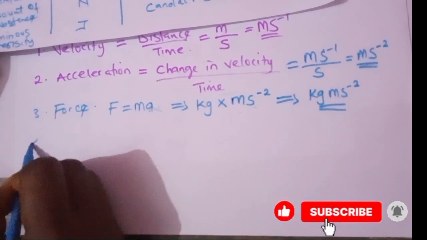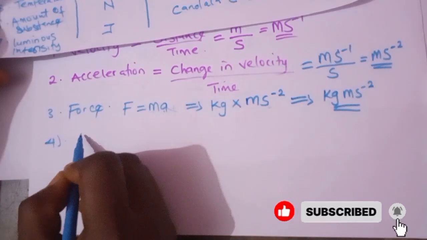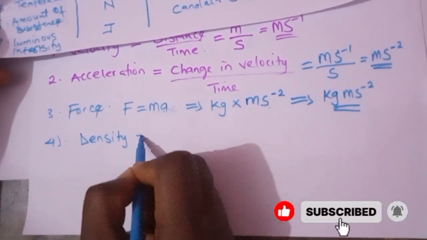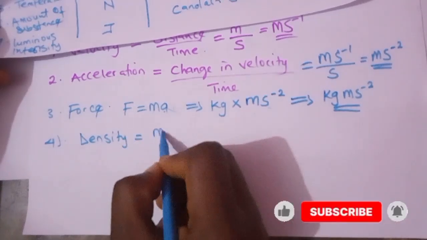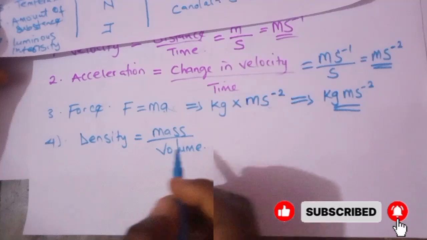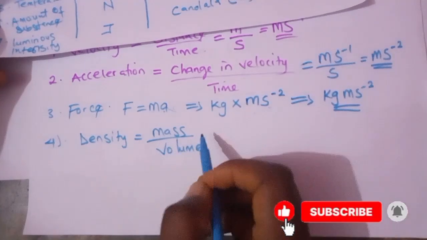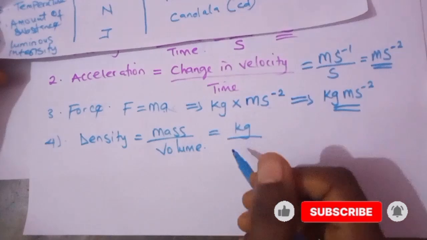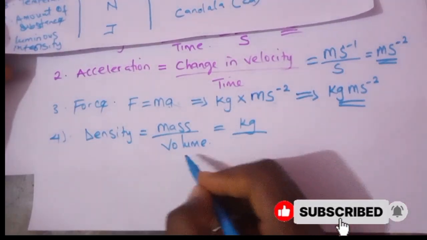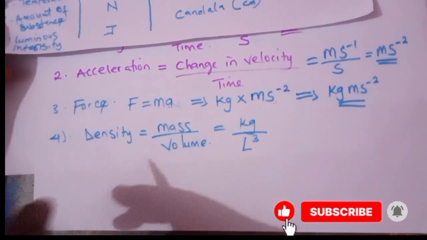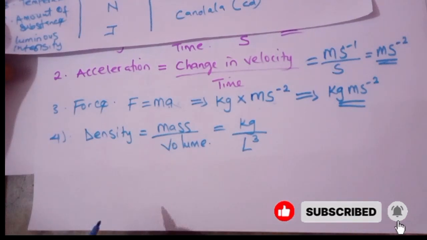And this is our fourth example. We have density. The formula for density is mass over volume. So from here, what is the SI unit for mass? We have kilogram. We can rewrite volume in this form: length cube, cubic length.